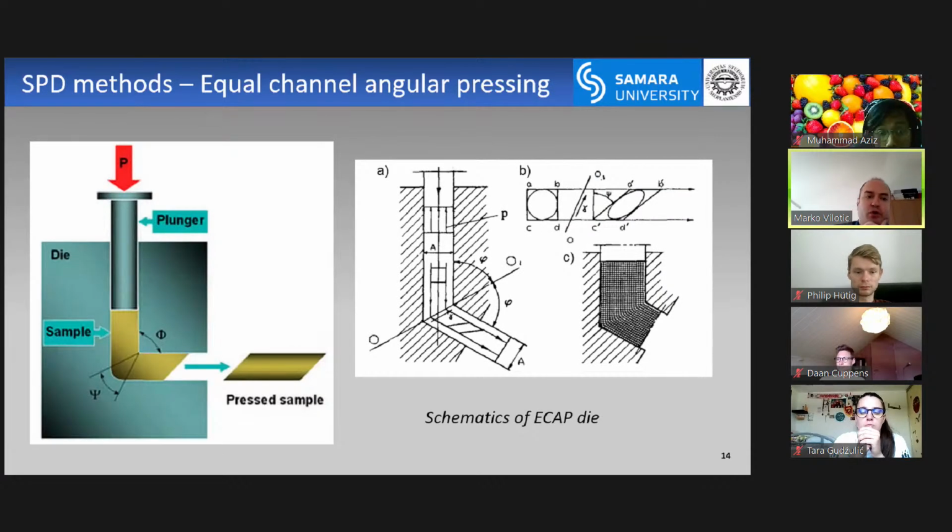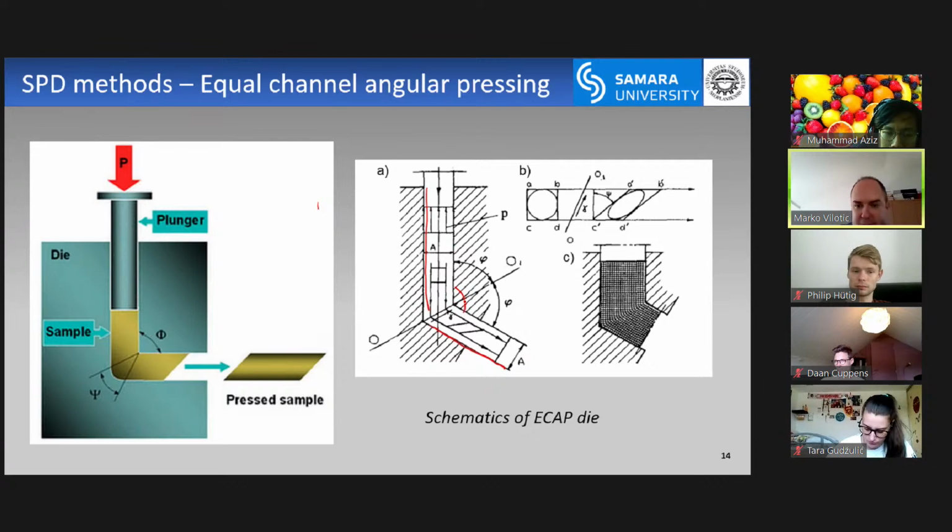Okay, now we are going to talk about severe plastic deformation methods. The first and the most well-known is called equal channel angular pressing. Why is it called like this? First, you have two channels. You can see one channel here, one channel here. So it's equal channel. The angular, because there is a certain angle between them, right?